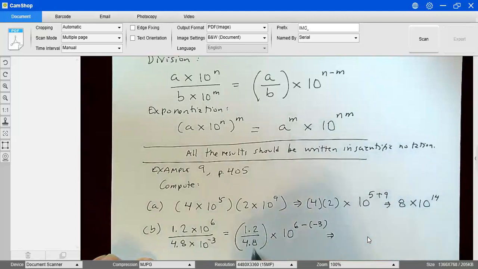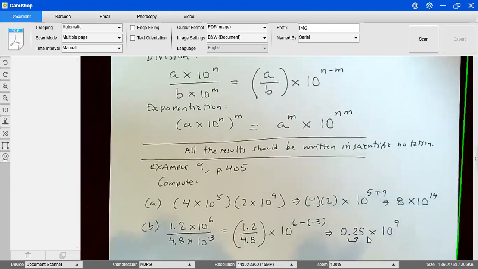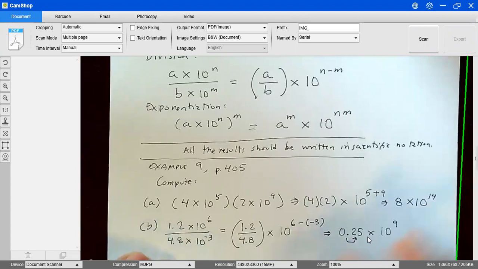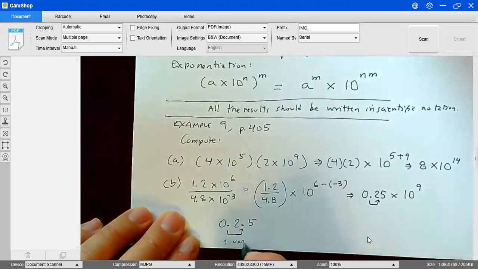So 1.2 over 4.8, if you use your calculator, you're going to get 0.25 times 10 to the 6 plus 3, which is 9. But now, this is not a mantissa, because you have 0 here. We need to move the decimal point to this location. We're going to move it to the right one place.